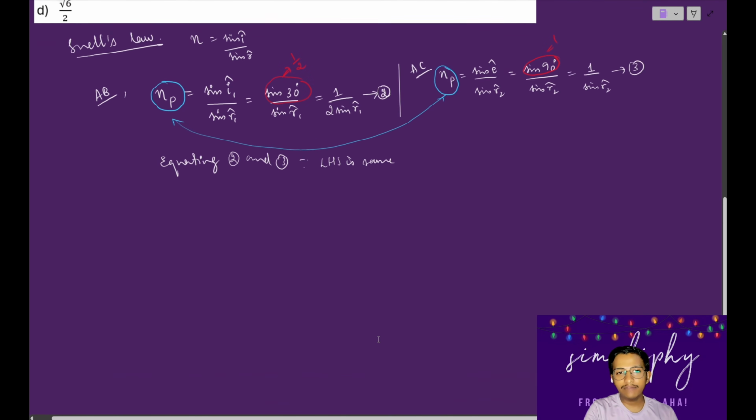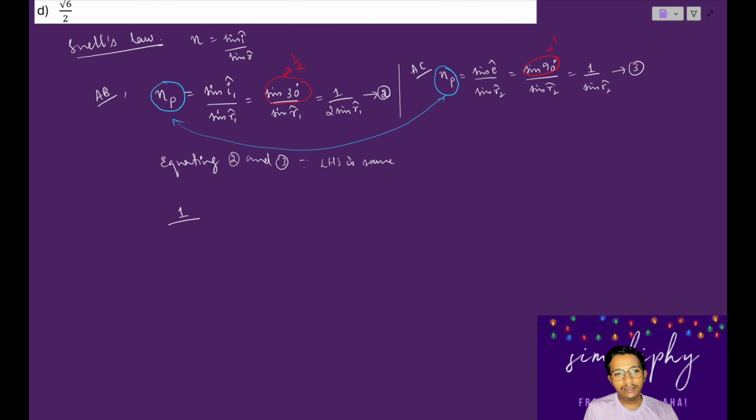Now what do I have then? Now I have 1 divided by 2 sine R1 equal to 1 divided by sine R2. Now I can take this R1 to the RHS part, so that is sine R1 divided by sine R2 equal to 1 divided by 2.